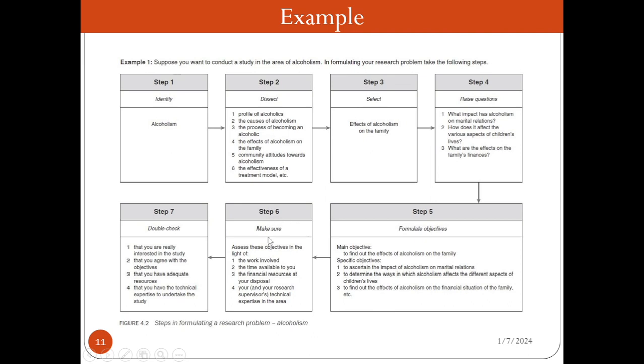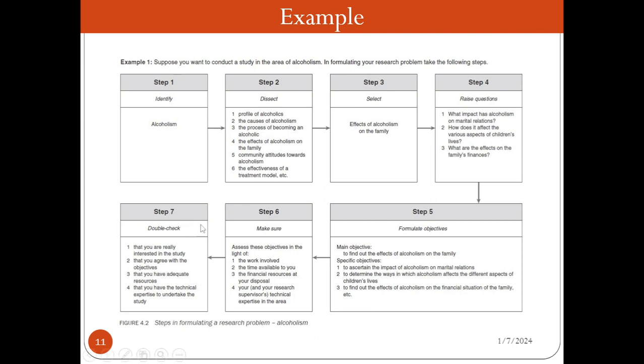Now coming to step 6, make sure you are assessing your objectives with regard to the time, money, and expertise you have, or the background knowledge that you have. So the work involved. What work are you going to do? Are you able to do all those things? So the time available to you, the financial resources, and also, depending upon the knowledge or expertise of yourself and your supervisor.